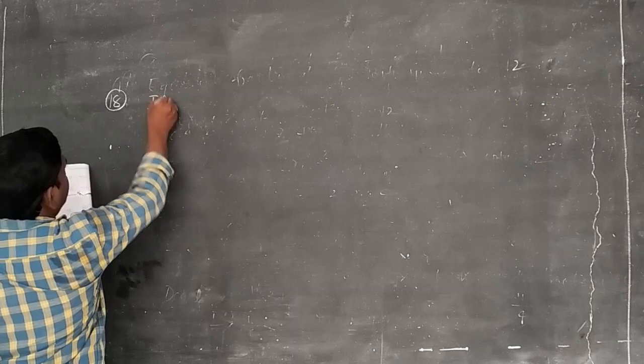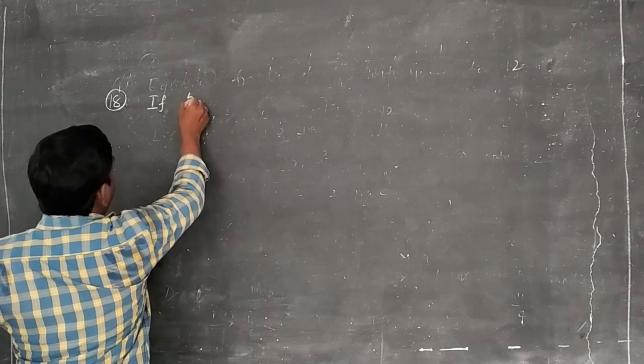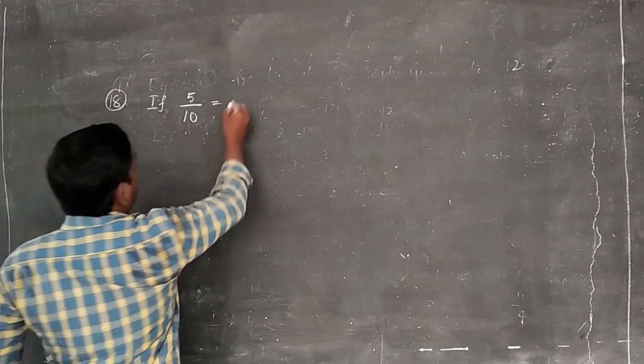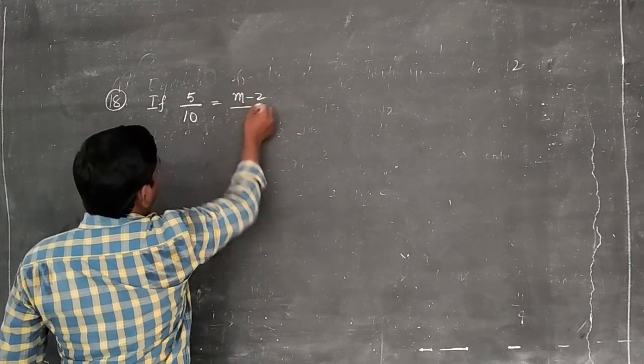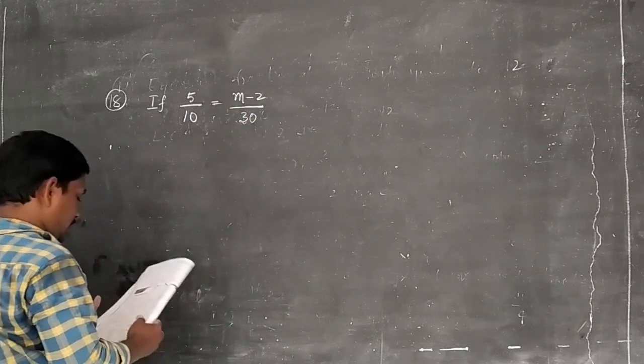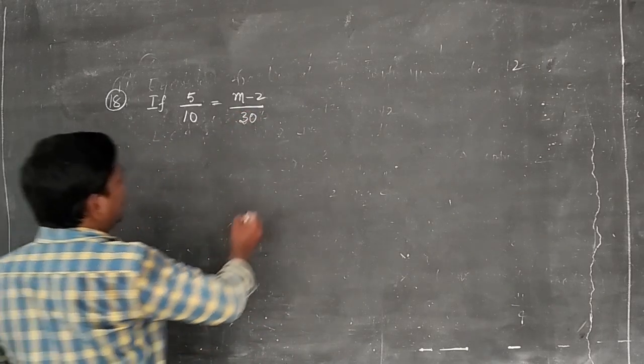If 5 by 10 equals m minus 2 by 30, then the value of m is?